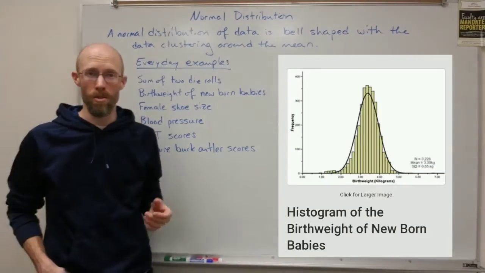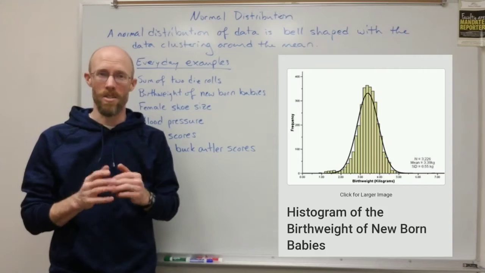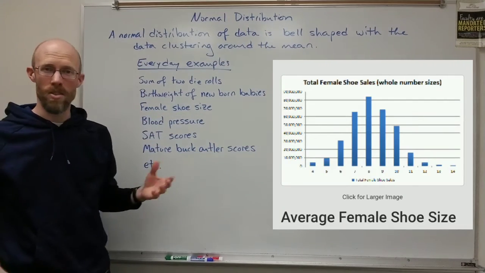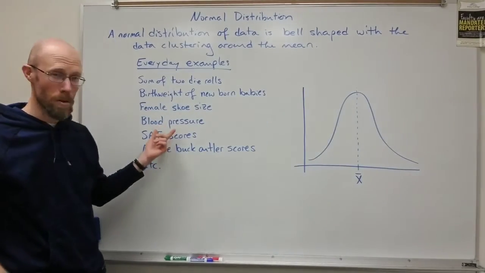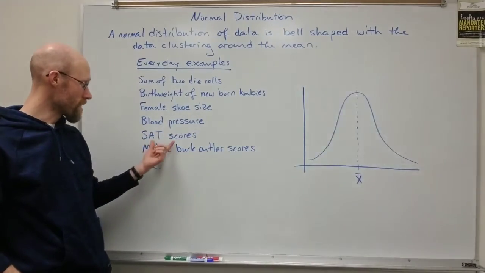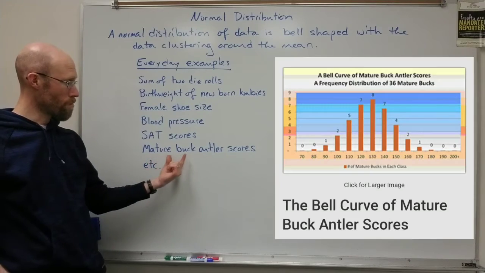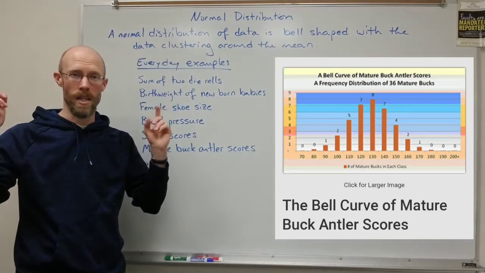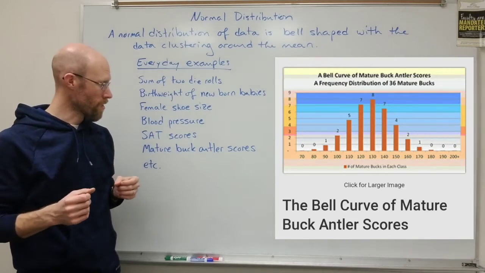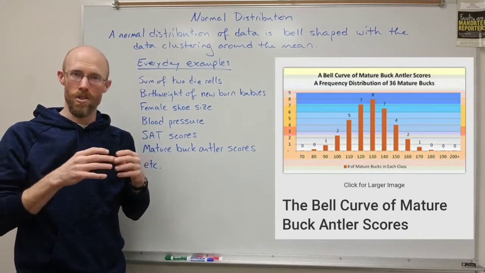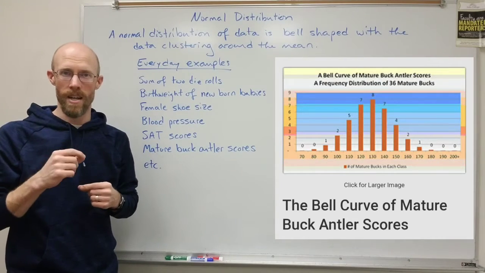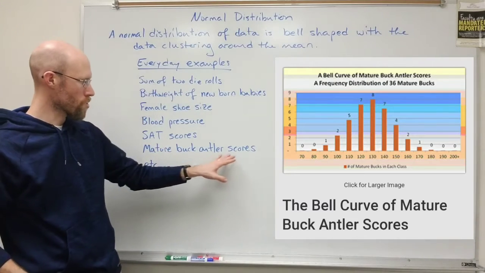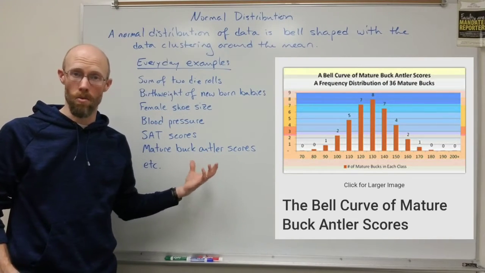Birth weight of newborn babies. Okay, they again cluster around the middle. Female shoe sizes. You can see these examples popping up. Blood pressure, SAT scores, mature buck antler scores. So for hunters out there, if you take the antler scores, and that includes different lengths and spread and length of tines and circumferences of the main beam and stuff, and you score those and add those up, they actually follow a normal distribution as well.